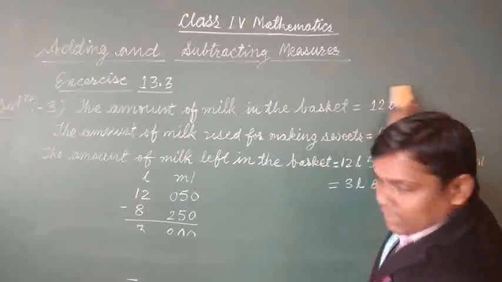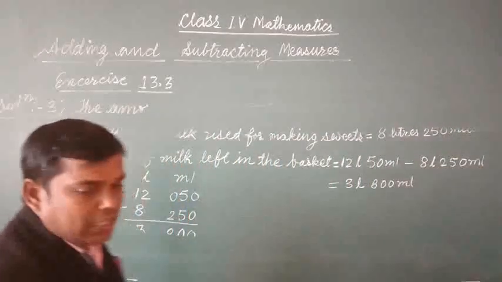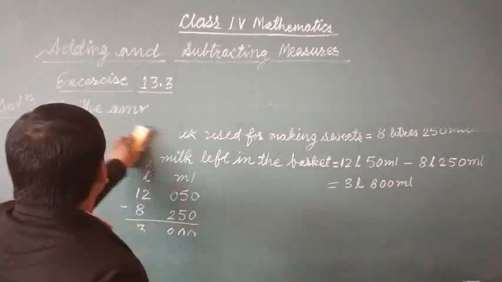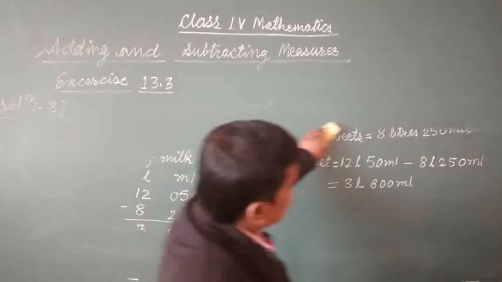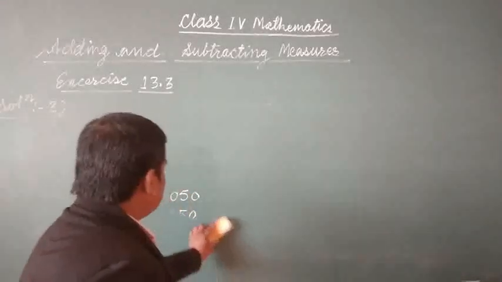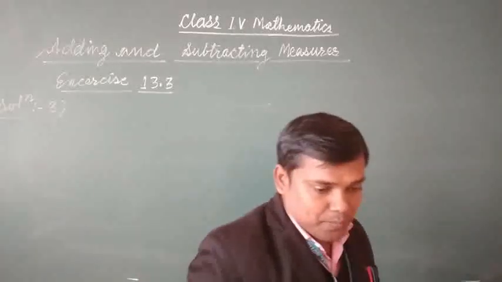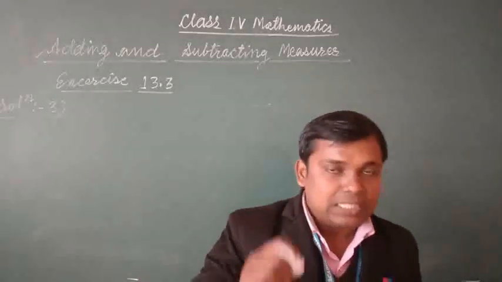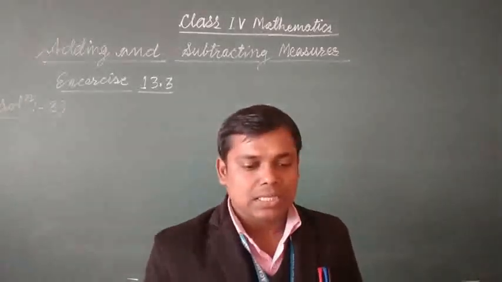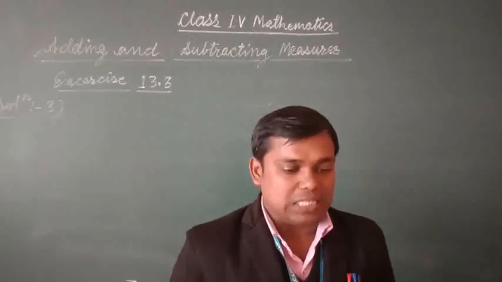It is written here, a basket contains 2 kg 500 grams sugar, 3 kg 250 gram of rice and 5 kg 500 gram of pulses.